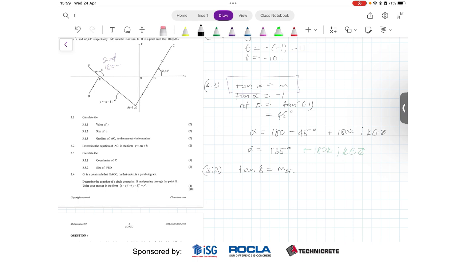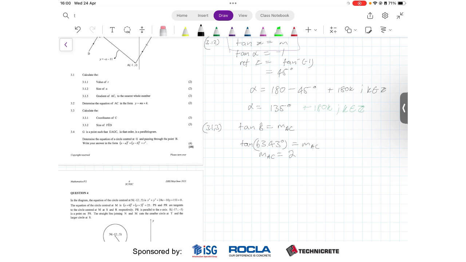And we know that the angle at B is given as 63.43 degrees, which tells you that the gradient of AC is equal to 2, rounded to the nearest whole number.